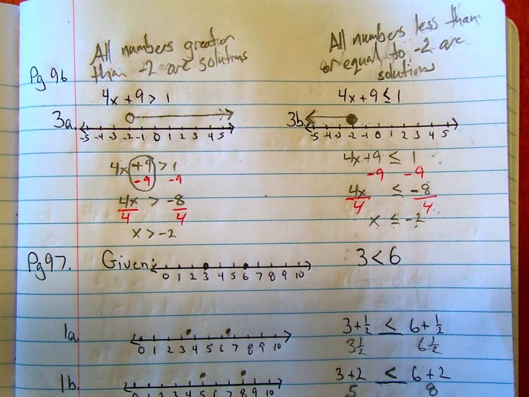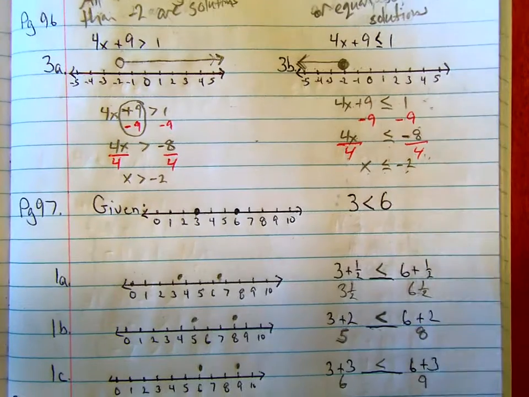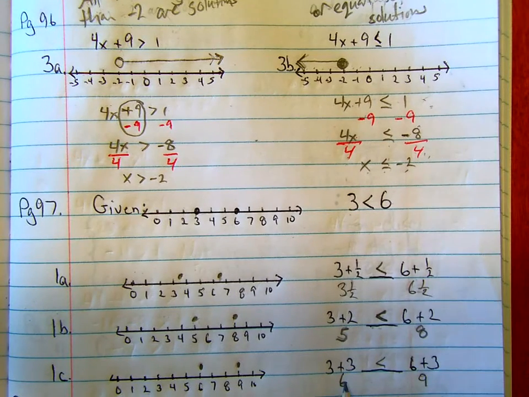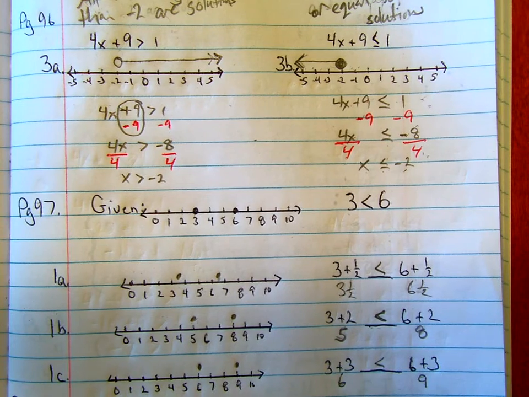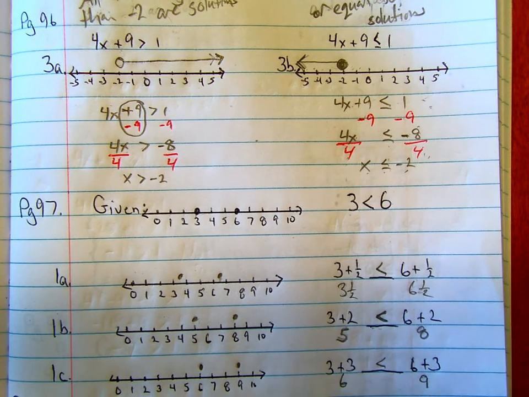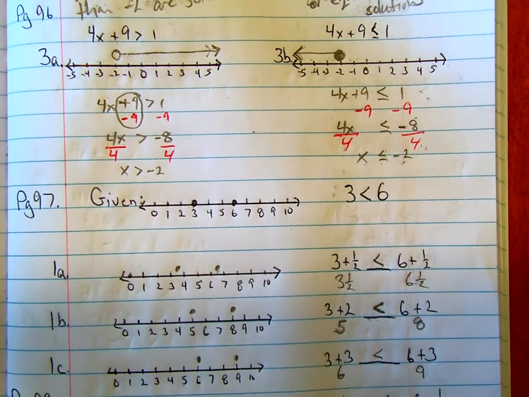So as we take a look at page 97, we did the first few together. We were adding a constant to both sides or subtracting a constant from both sides. And the inequality sign remained unchanged.